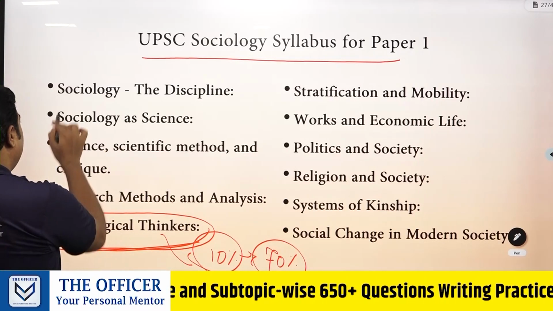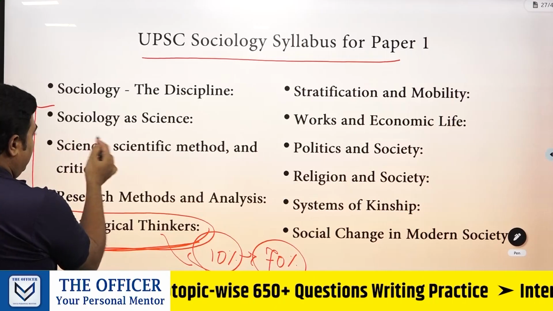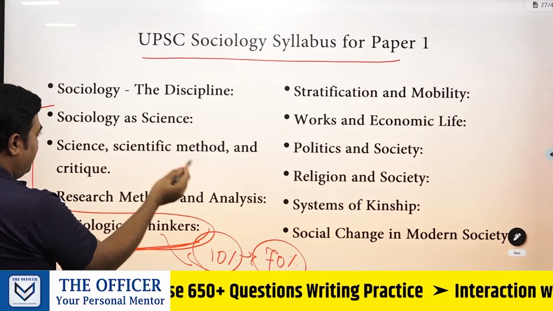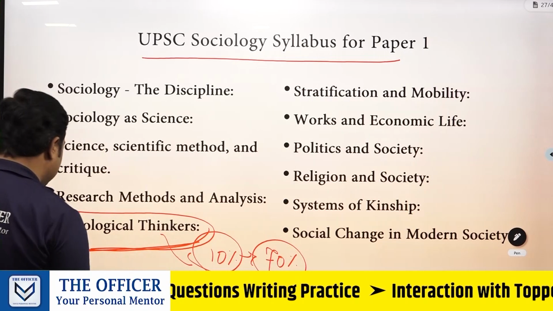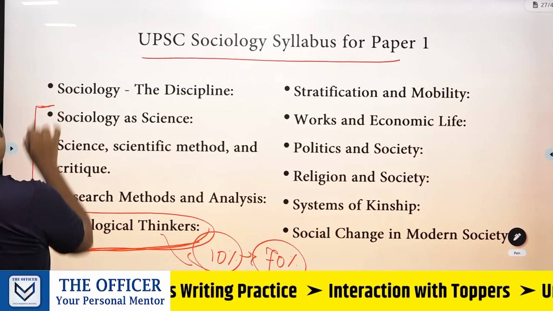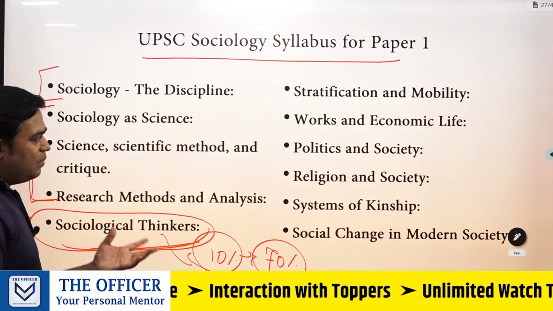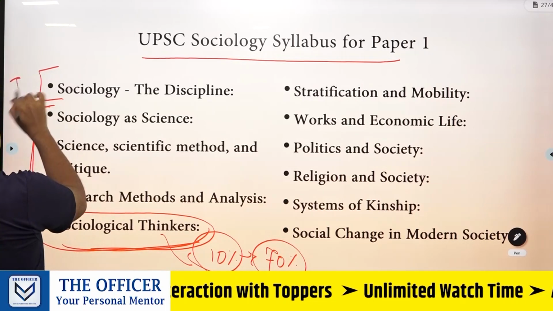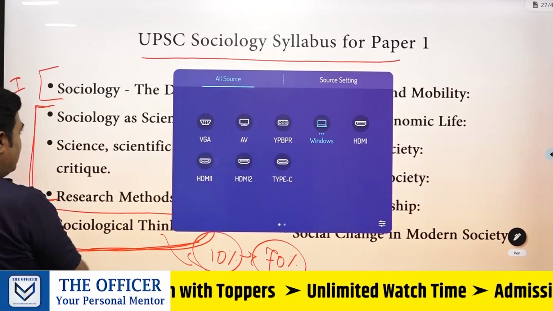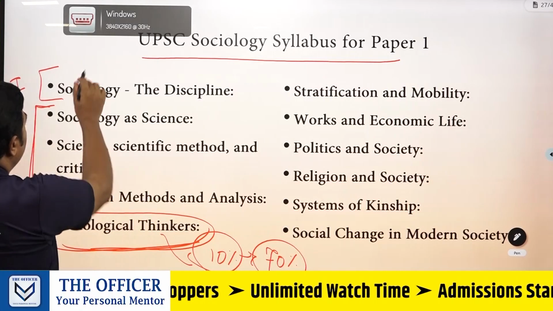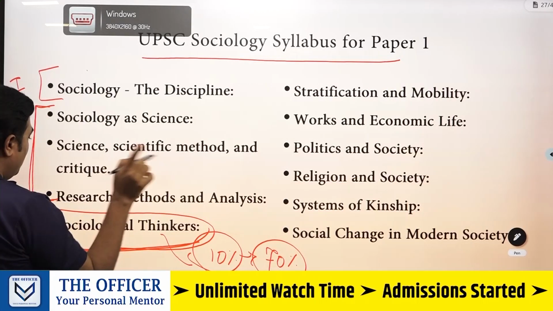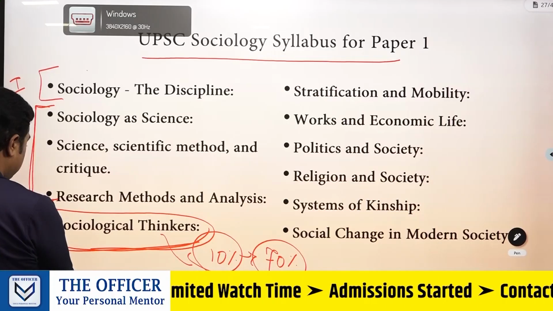Then look at topic 3, sociology as a scientific method, and research methods and analysis. If we divide the whole syllabus into groups, the first group is how sociology emerged. The second group is thinkers.